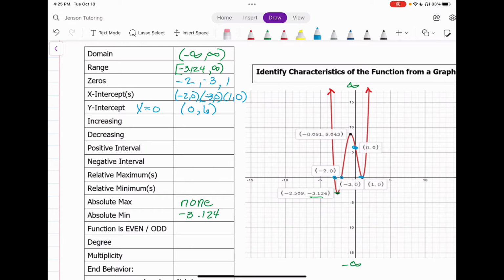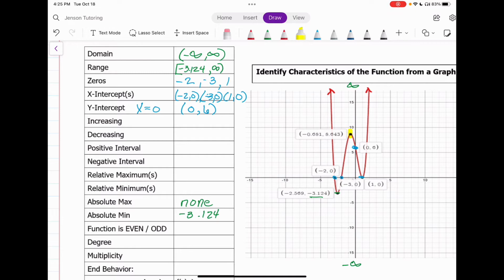Let me jump back down here to the relative maximum and the relative minimum. So a relative maximum is, we've already discussed that this graph does not have an absolute maximum because it continues forever in the positive direction. But if I look at this point right here, in that general area of the graph, that would be what we call a relative maximum.